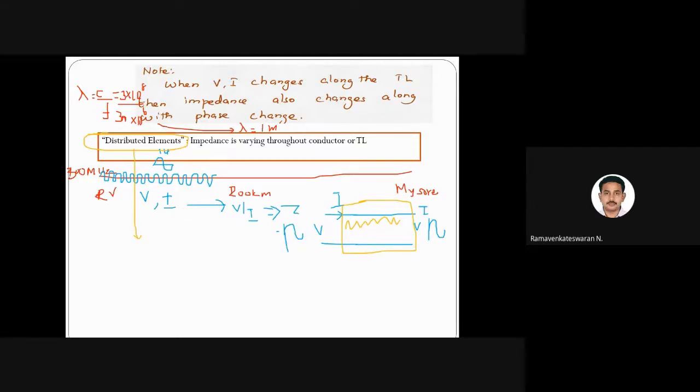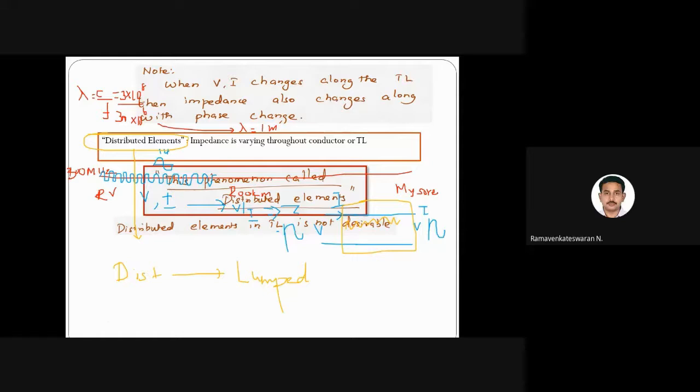Once I write it as a small signal linear analysis, this lumped element is also linear, right? Because V and I are constant. So by converting these distributed elements to the lumped model, I'll start my analysis of the circuit. This is what exactly we are going to do in the transmission line.